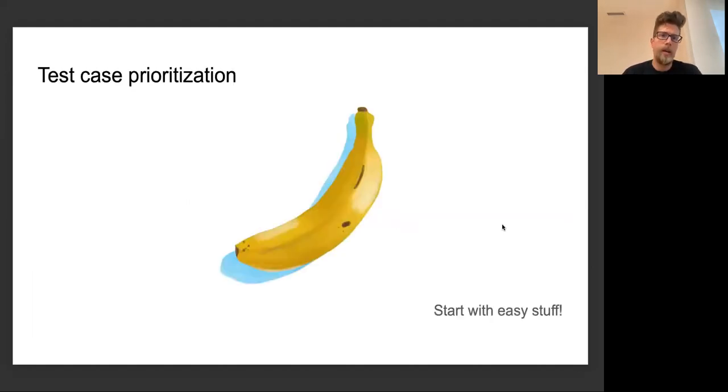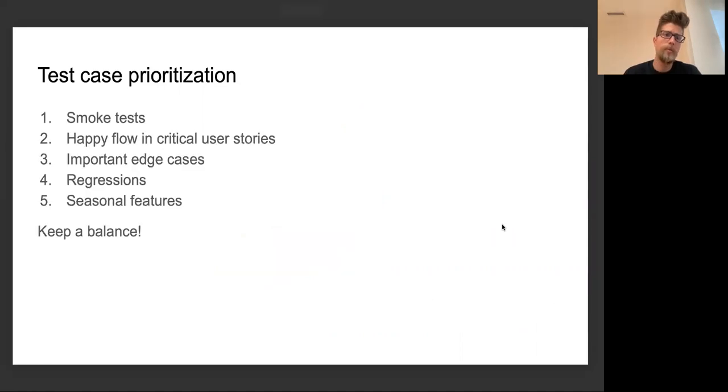So what are my recommendations for prioritizing E2E? Start with the easy stuff. In the whole application, especially in the newer parts, we have smoke tests.